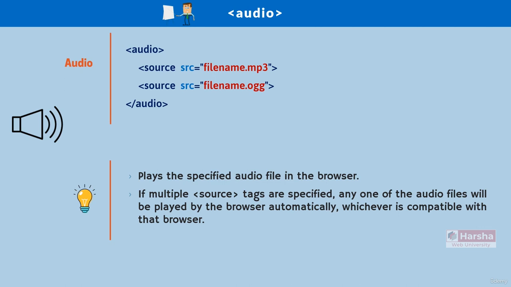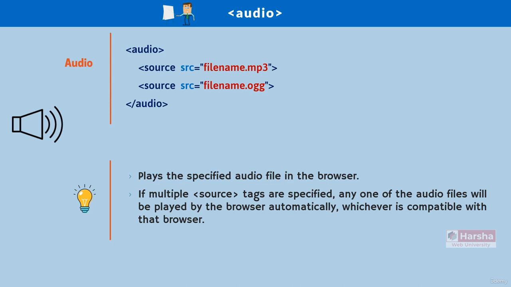The audio tag is designed in such a way that the browser picks up the particular file which is supported by the browser automatically. For example, if the browser supports MP3 format, it picks up the MP3 file and ignores the other one, that is the OGG file.